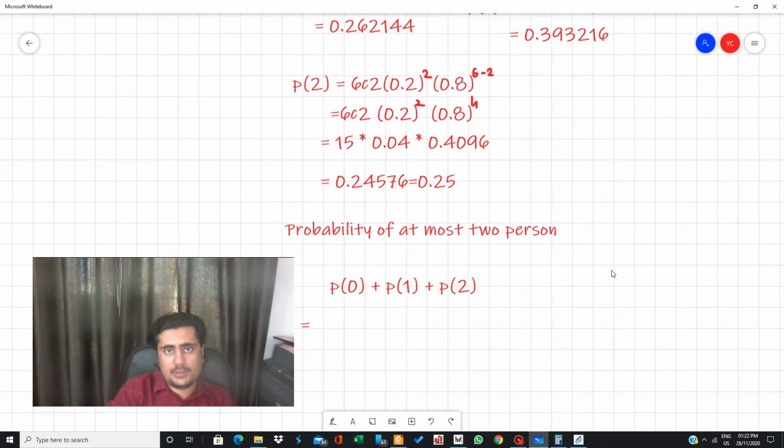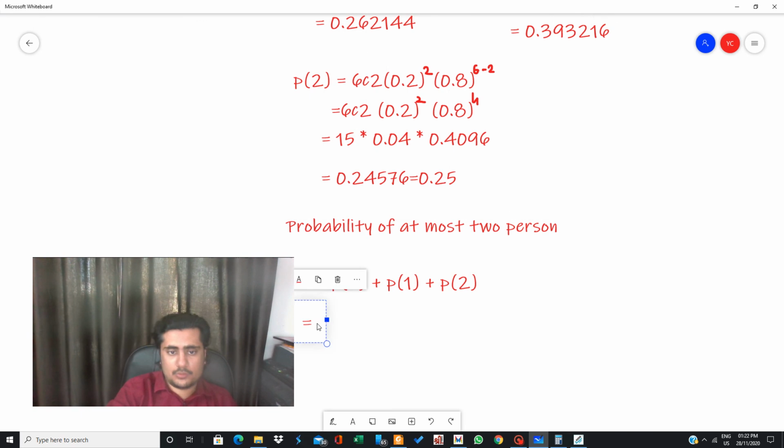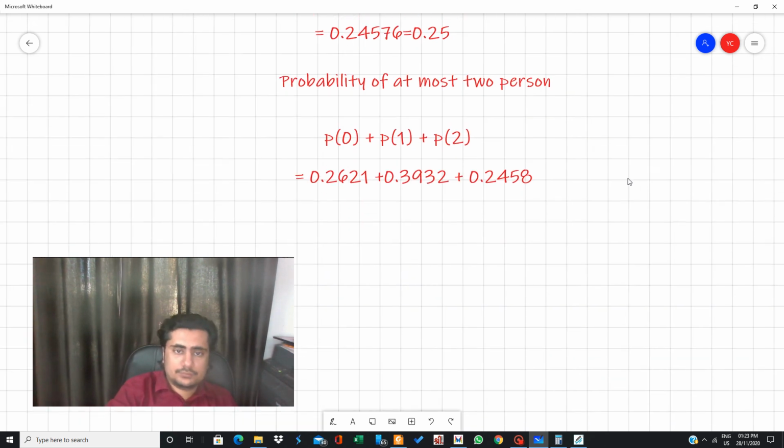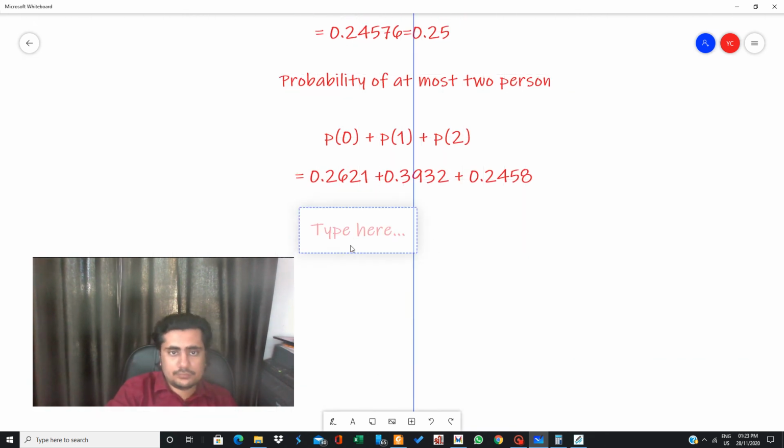P of 0 is 0.2621, plus P of 1 is 0.3932, plus P of 2 is 0.2458.